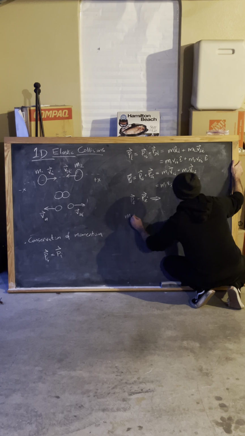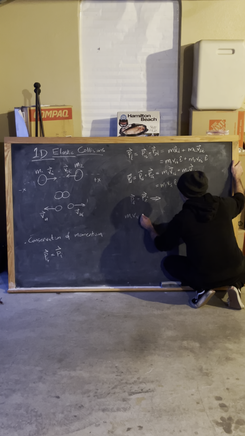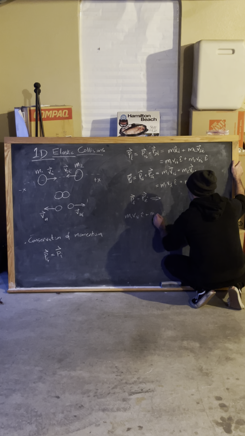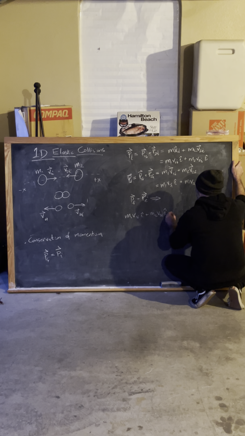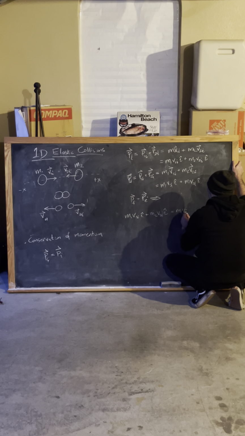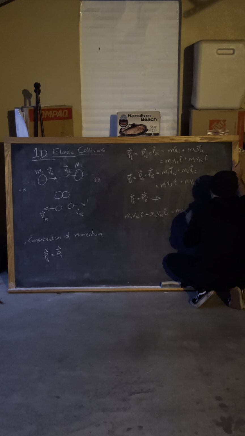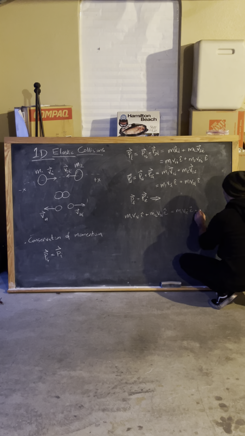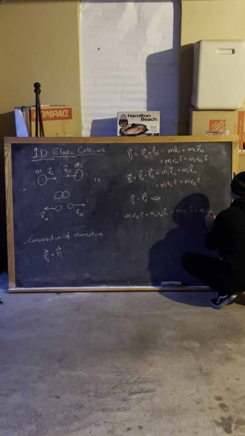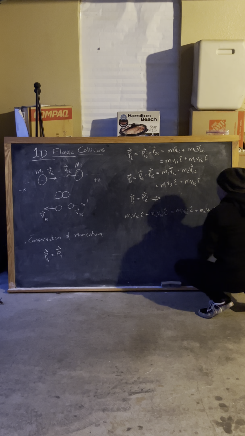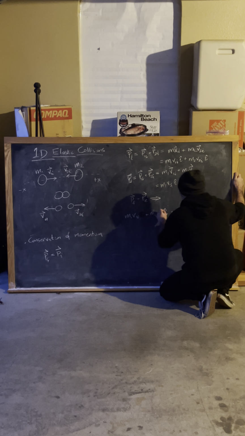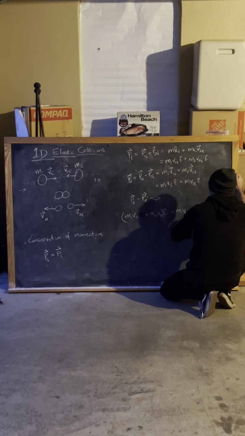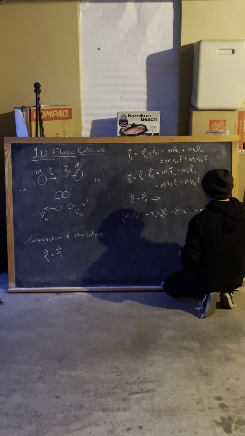So m1 v1f in the i hat plus m2 v2f in the i hat is equal to m1 v1i in the i hat plus m2 v2i in the i hat. Now, since all of these are in the i hat, we can go ahead and factor out the i hat. And now everything in the i hat direction is equal to everything in the i hat direction, so it's just this is equal to that.